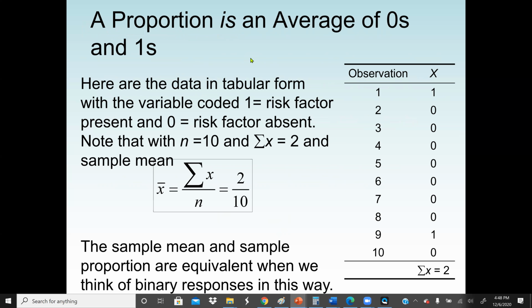A proportion is an average of zeros and ones. In this example we have a data set where the total sample is 10, and 1 means true, 0 means false. Out of the 10 in the sample, 2 were successes, so 2 are ones and the rest are zeros. Here are the data in tabular form, with the variable coded as 1 for risk factor present and 0 for risk factor absent.